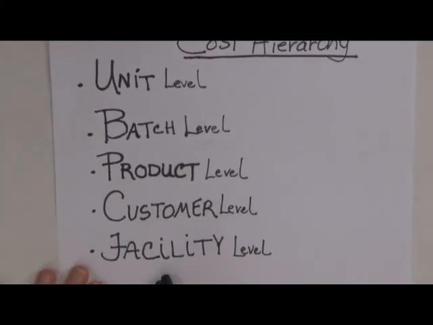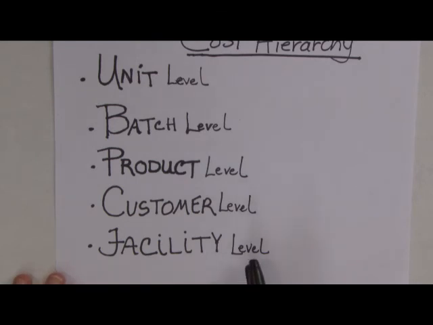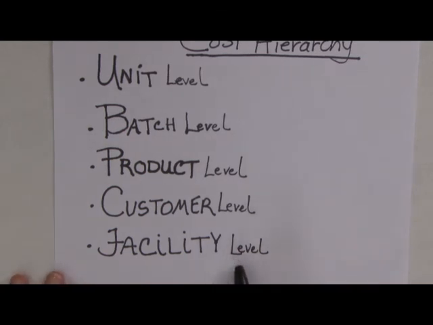And finally, every organization has what we would call infrastructure cost, facility level costs that don't directly relate to the products that we make or sell, but are necessary just to carry on the business. And this would be things like depreciation on our building, taxes and insurance, and other issues like that that are absolutely part of being in business.